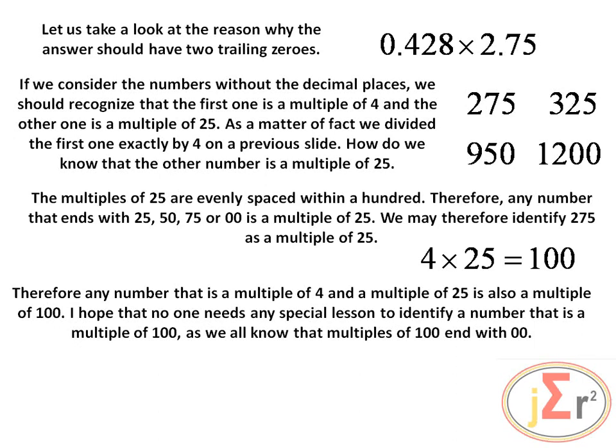As we all know, multiples of 100 end with a double zero. Therefore, the number that we had, being a multiple of 4 and a multiple of 25, must be a multiple of 100. All multiples of 100 end with at least a double zero.